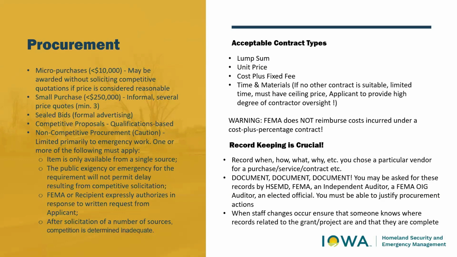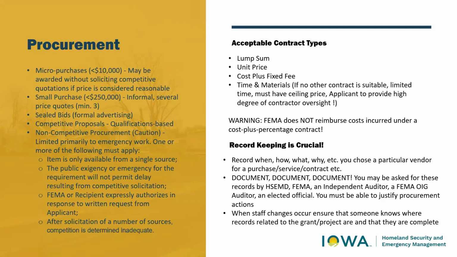FEMA has some acceptable contract types, including lump sum, unit price, cost plus fixed fee, time and materials. If no other contract is suitable, make sure that this has a ceiling price associated with that contract. And warning, FEMA does not reimburse costs incurred under a cost plus percentage contract.